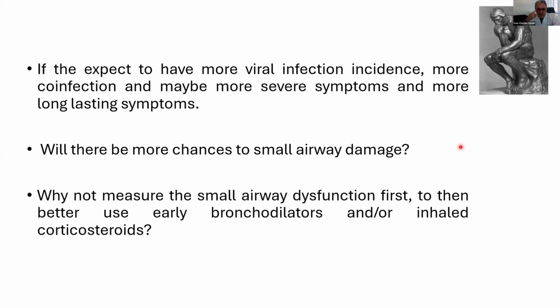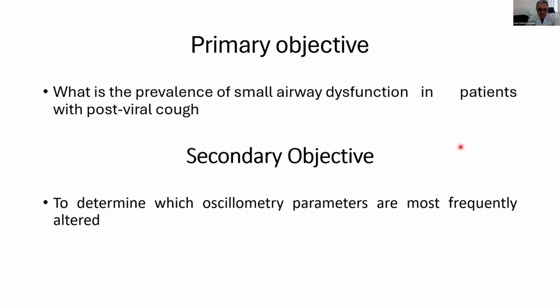and/or inhaled corticosteroid? In order to answer the questions, we developed a study where the primary objective was to determine the prevalence of small airway dysfunction in patients with post-COVID cough. And the second objective was to determine which oscillometry parameters are most commonly altered.